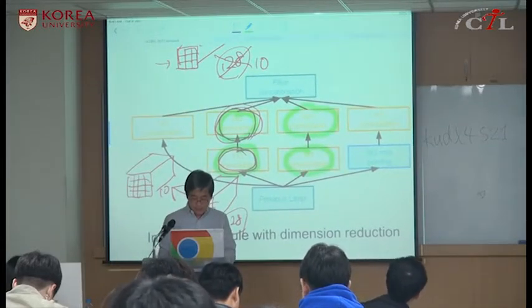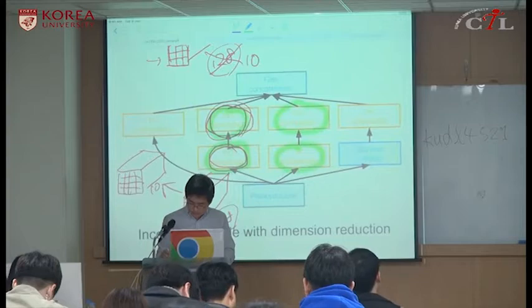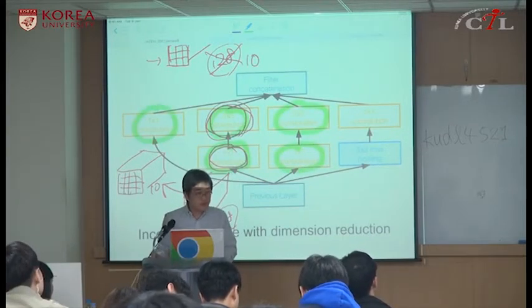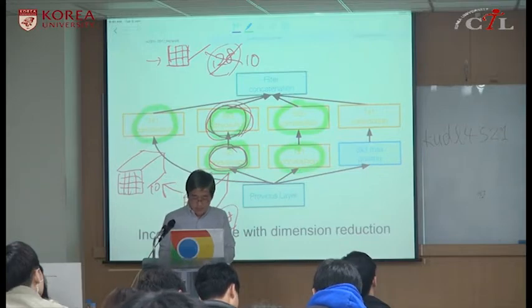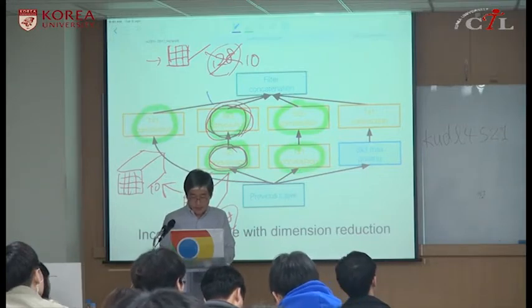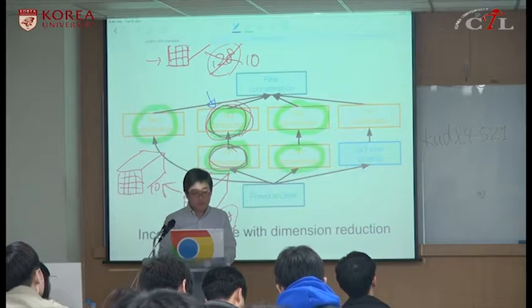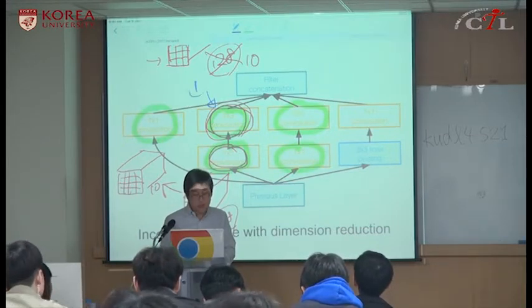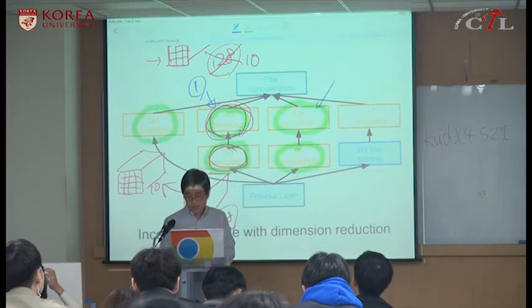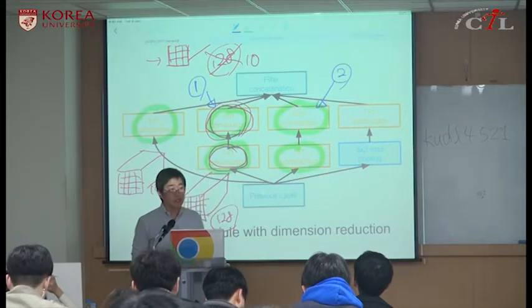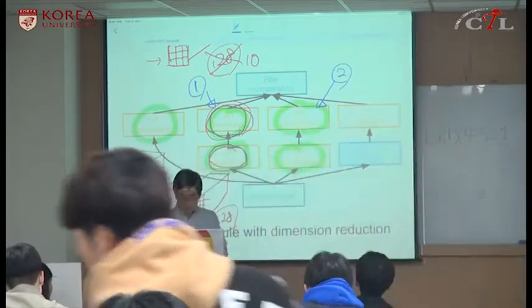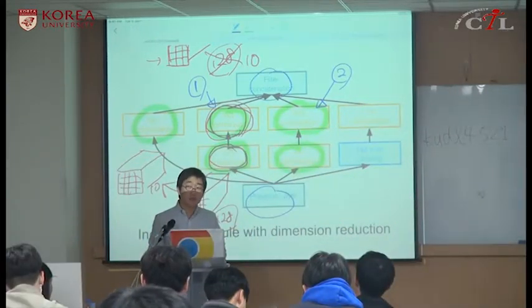Okay, so in this case, we separately also apply 1x1 conv, and then using the padding with an appropriate size, in this case we add padding size as 1, and here we add the padding size as 2, and then we can maintain the same spatial resolutions between the input and output, right?